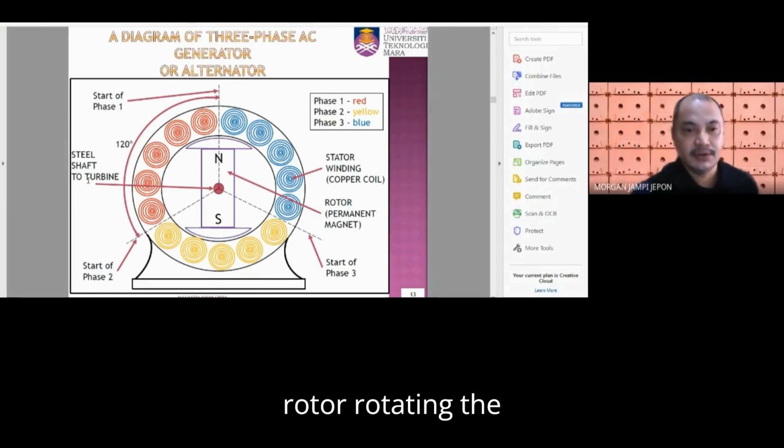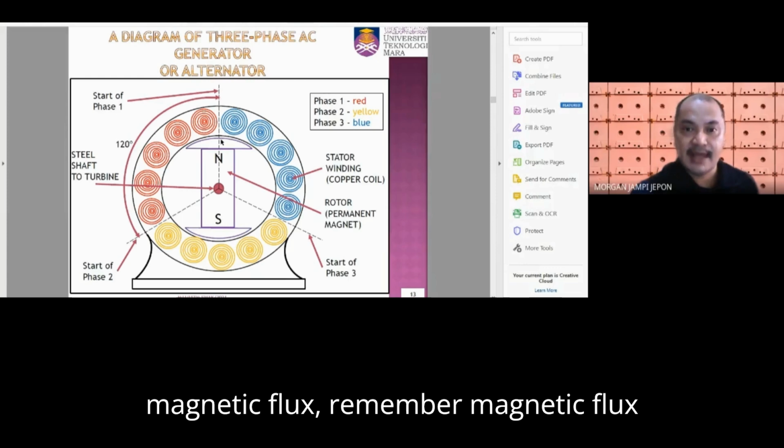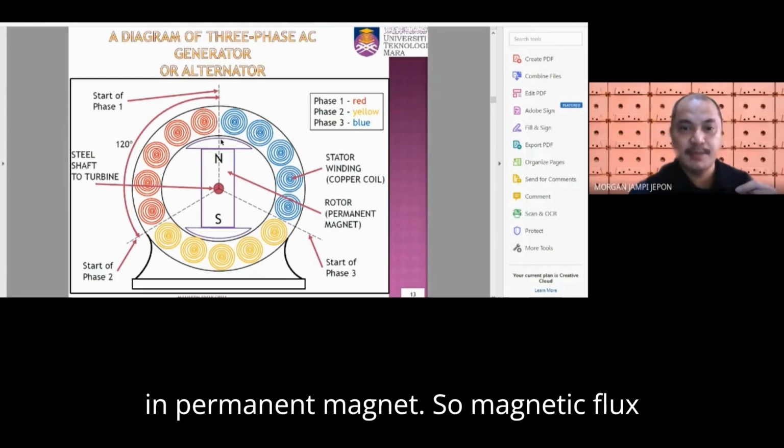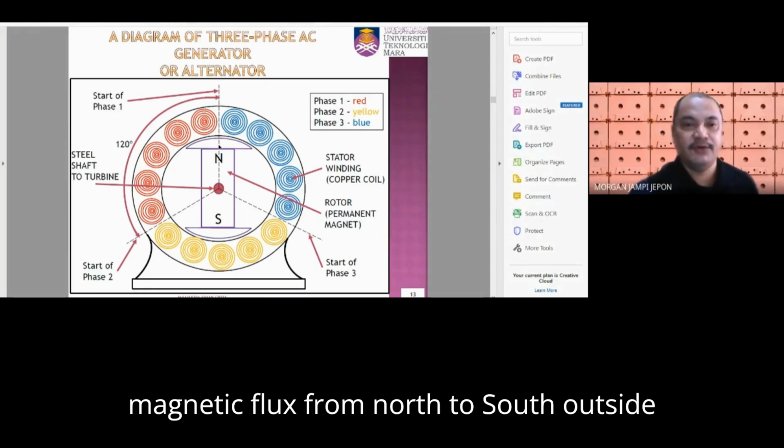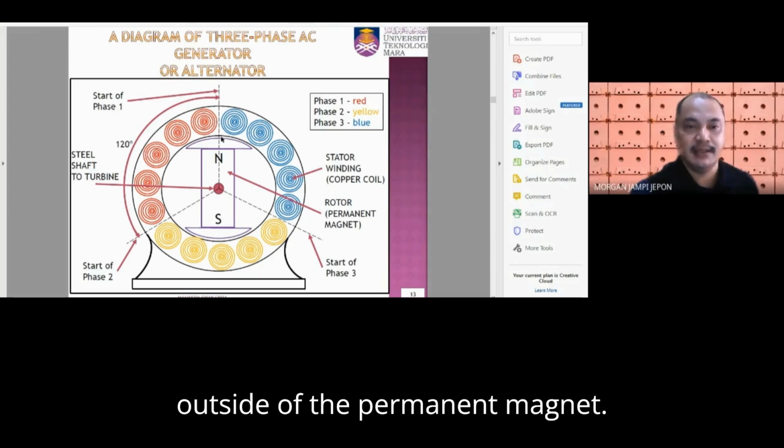As the rotor rotates, the magnetic flux, remember the magnetic flux in a permanent magnet goes from north to south outside of the permanent magnet.